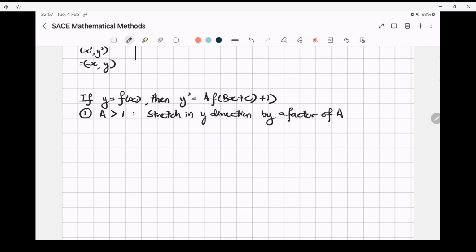You can also say that this is a compression in y direction by a factor of its reciprocal, which is 1 over a.